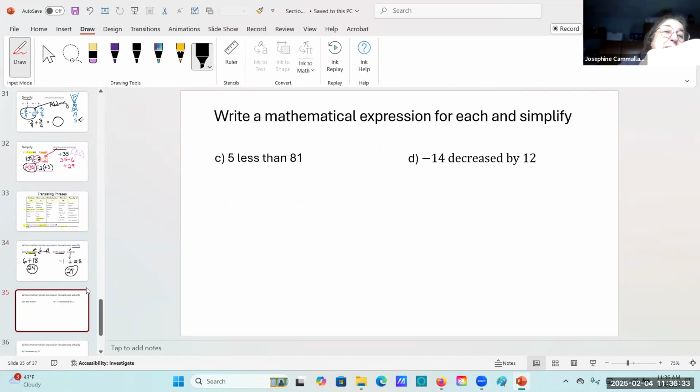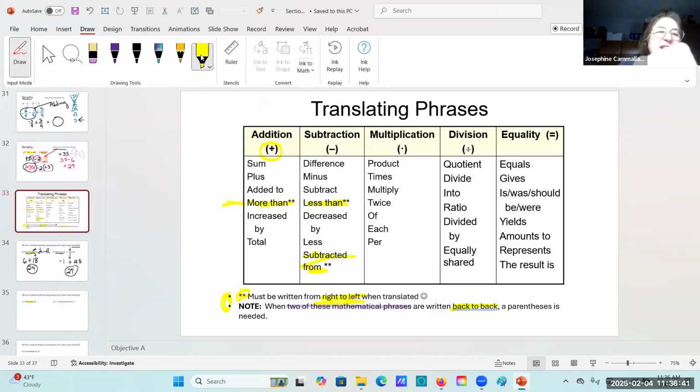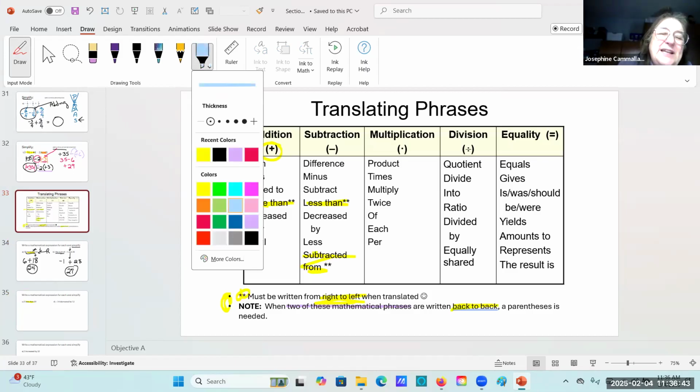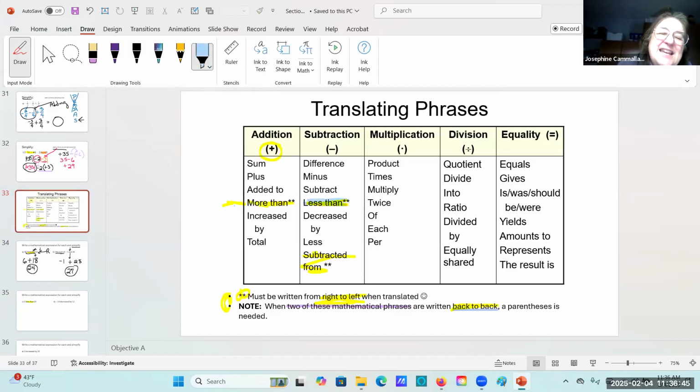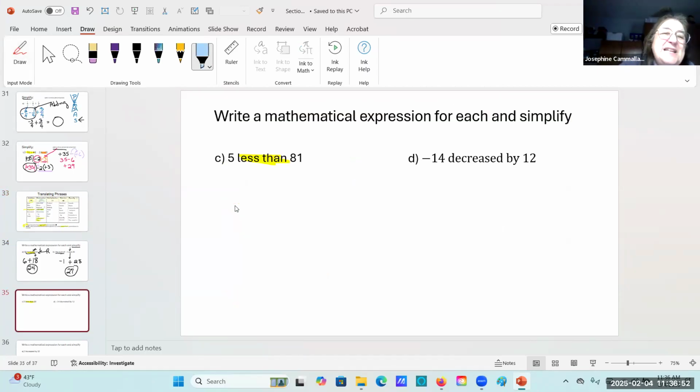Okay, here we go again. Less than. We'll go back to my translating sheet. Notice right here, less than. It's got the double asterisk, which means I'm subtracting.